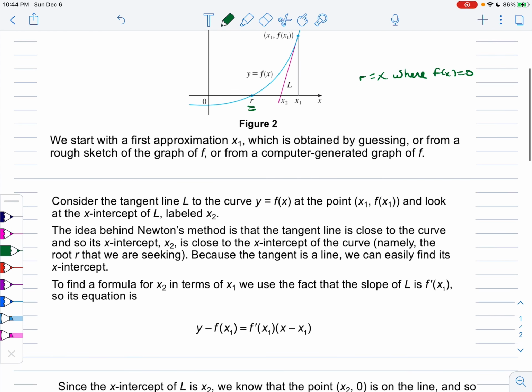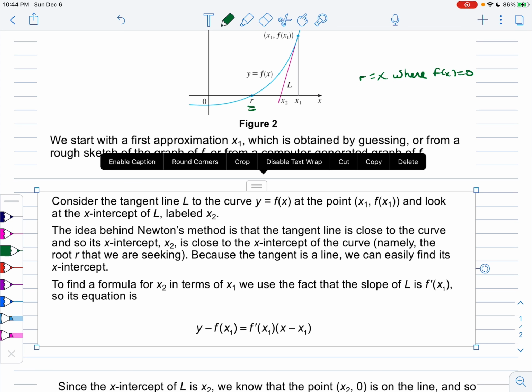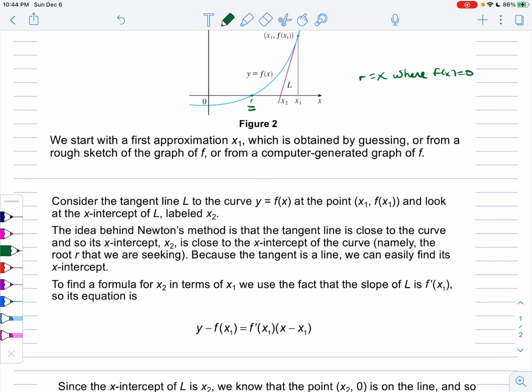So how do we find the equation of a tangent line? We find the equation of a tangent line by first taking the derivative of our function and evaluating at the point x1. So we first pick our first guess at a root for our equation, something that might be close to the root.